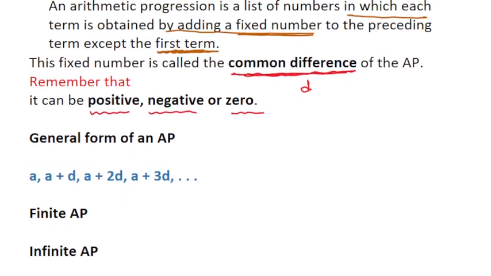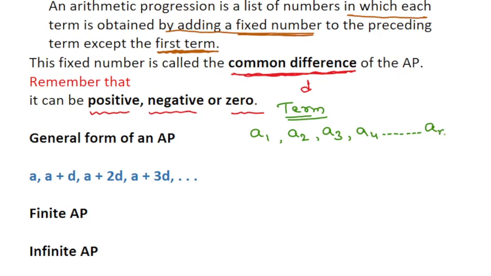So we observed that an AP is nothing but a list of numbers. When we are writing the list of numbers, every number in the list is regarded as a term. So in general, the first term is denoted by a1, second term by a2, third term by a3, fourth term by a4, and so on.